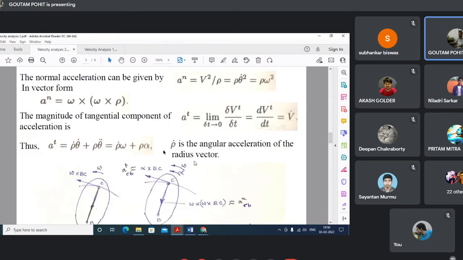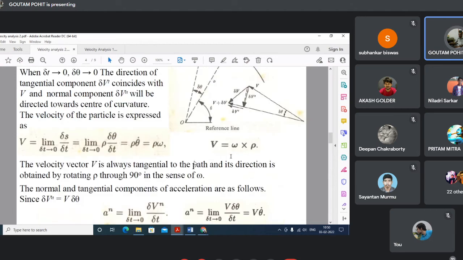So if I differentiate the acceleration with respect to t, we'll get rho dot theta dot plus rho theta double dot, which is rho dot omega plus rho alpha. Now theta double dot is the angular acceleration of the radius vector.